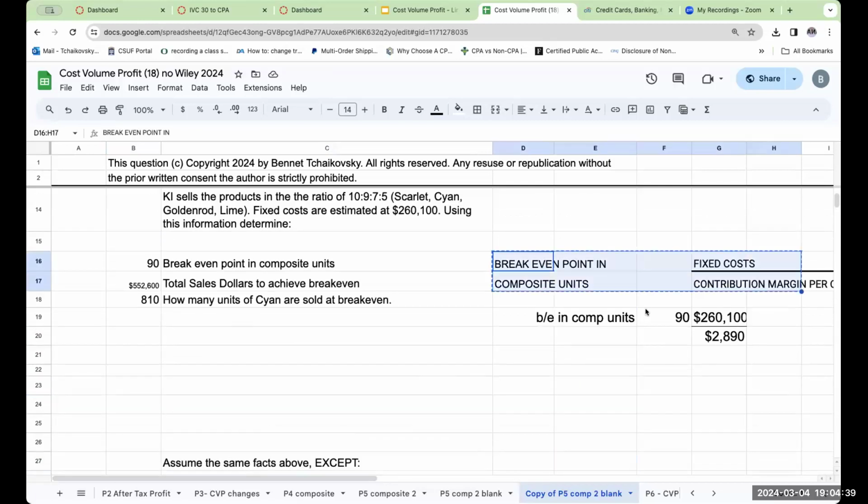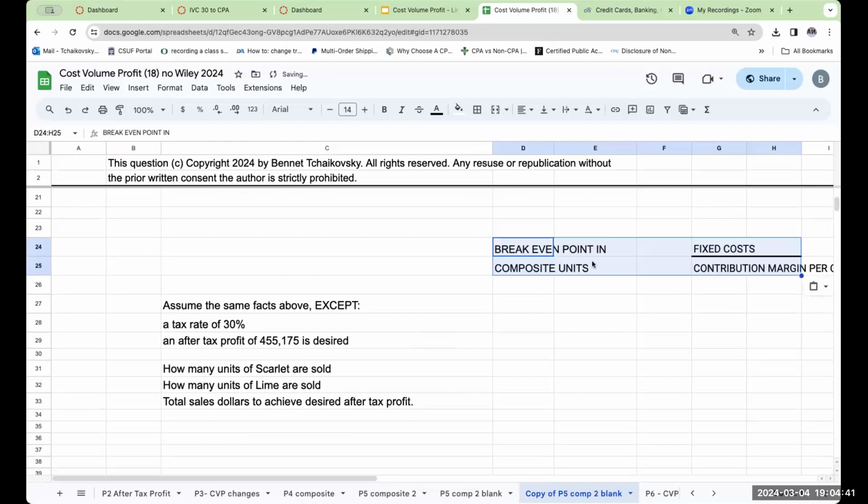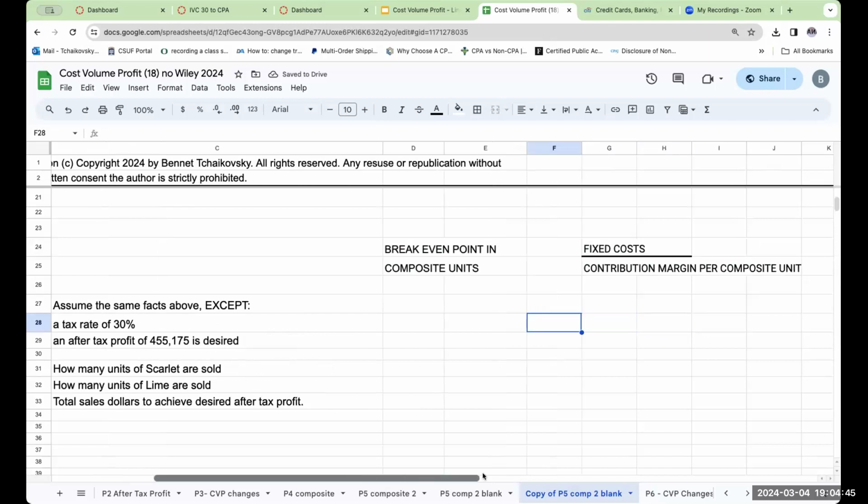So when we're looking at this type of question, I want you to think about the break-even point in composite units. We took our fixed costs and divided it by the contribution margin per composite unit.